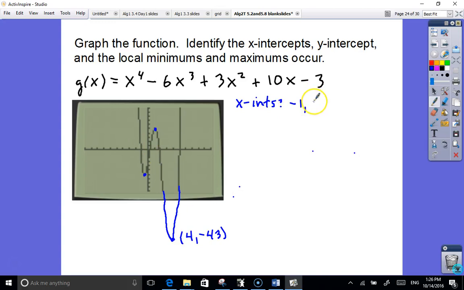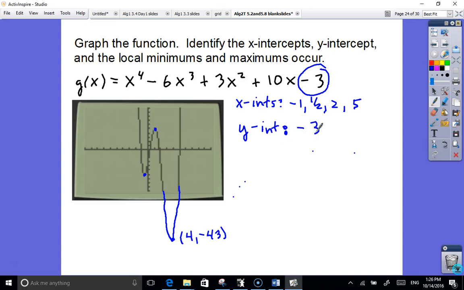Okay, let's call it a half. How about the next one? 2 is good. Close enough for government work, as they say. 1, 2, 3, 4. Maybe the last one is 5. Looks pretty good. What is the y-intercept? Negative 3. The constant term, right?